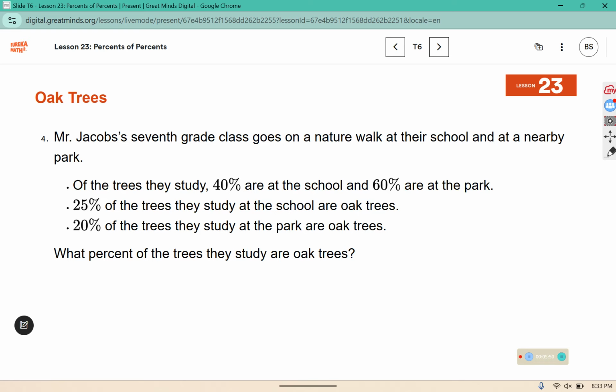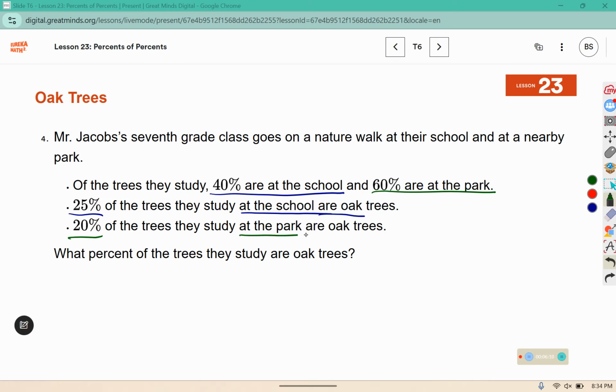Like I said, we were going to revisit this problem about Mr. Jacobs. Of the trees they study, 40% are at the school and 60% are at the park. 25% of the trees are oak at the school, and 20% at the park are oak.